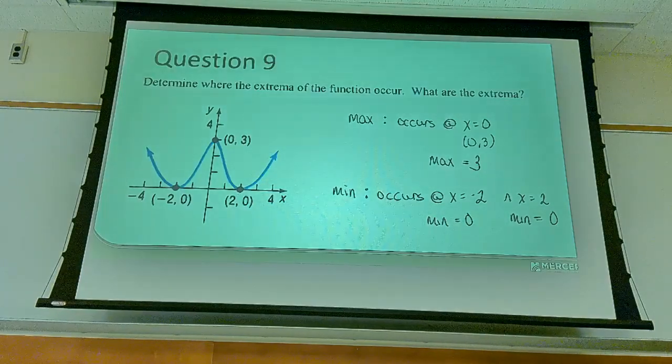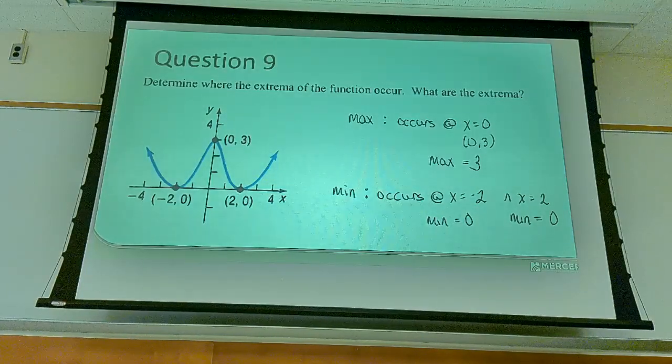Are any of these absolute? There is an absolute minimum, -2, 0 and 2, 0. The absolute minimum is 0, and it occurs twice.